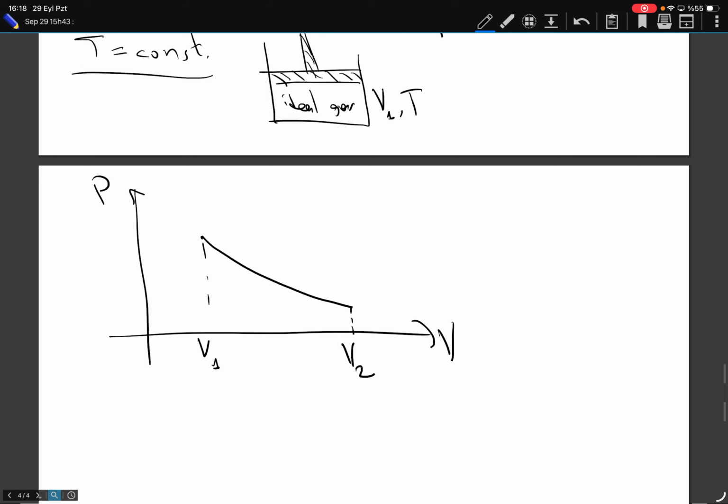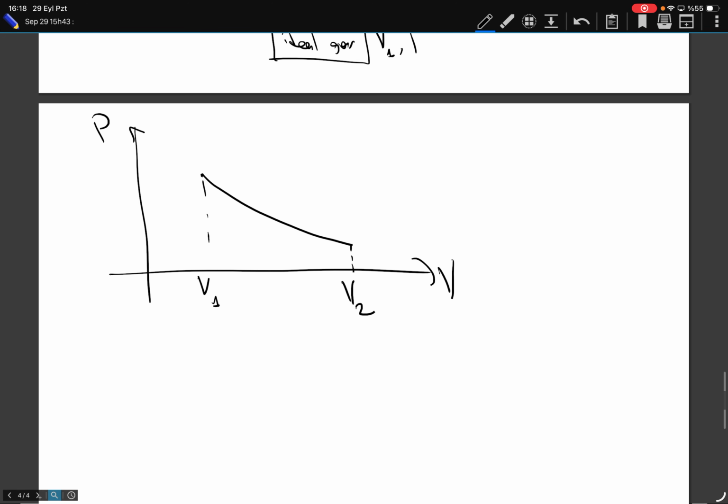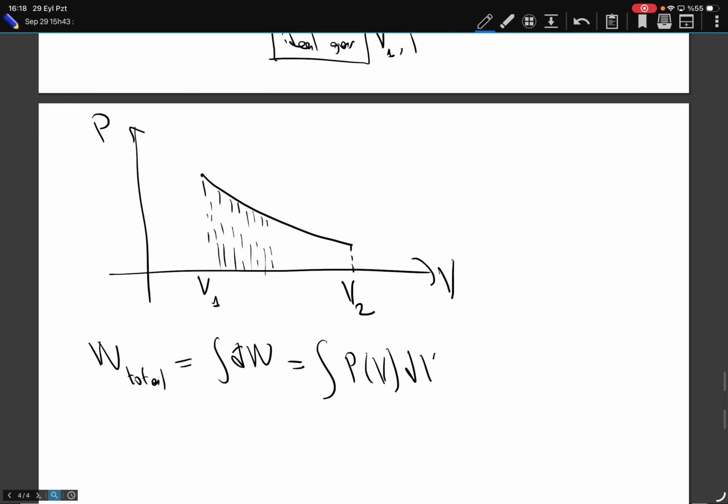Now I can calculate how much work the system has done. The total work done will be just the integral of the work done at each step. Well, I can imagine this process as small steps. At each step, the pressure will be P as a function of V. The volume will change by dV.